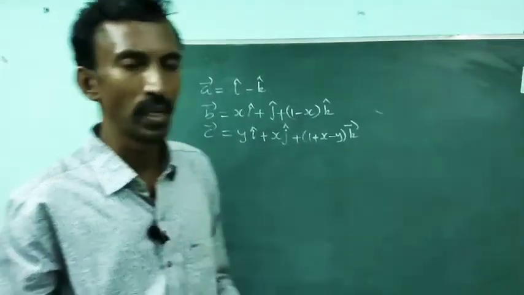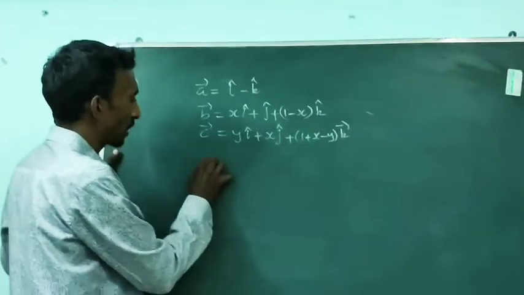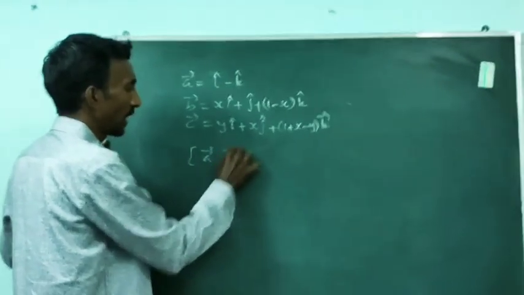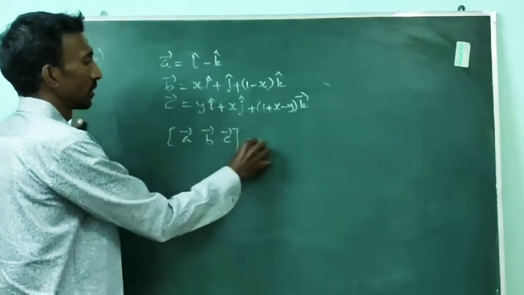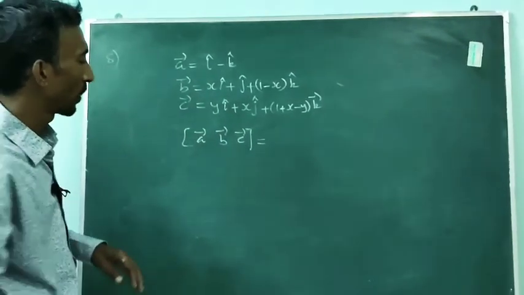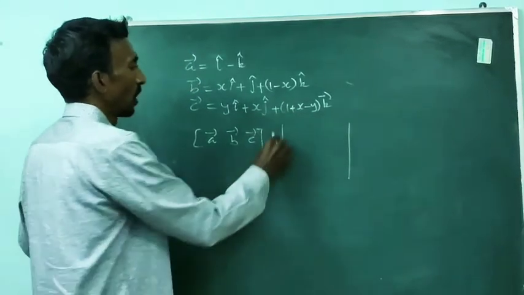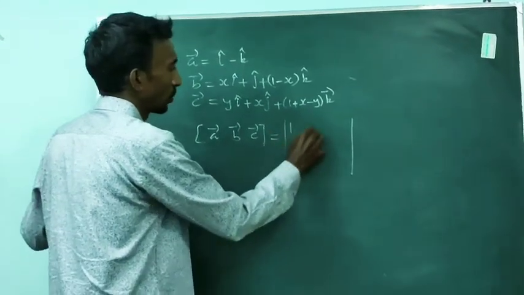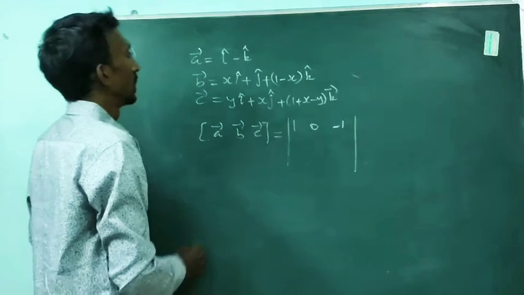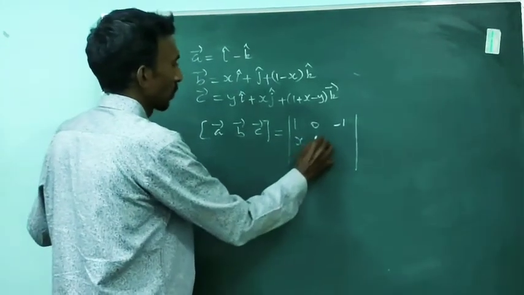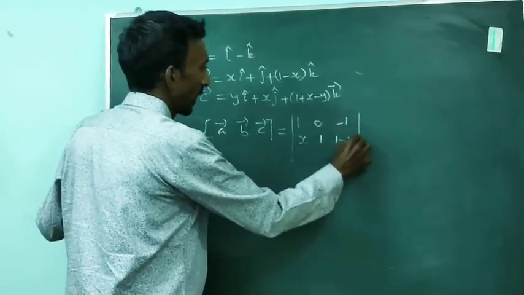So how can we prove? Simply find the box product value, ordinary determinant method. It is question number 8 in exercise 6.2. So find the determinant value or box product value. So first row 1, 0, minus 1, second row x, 1, 1 minus x.